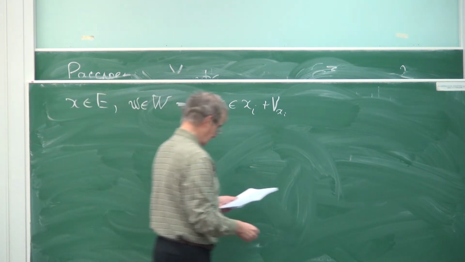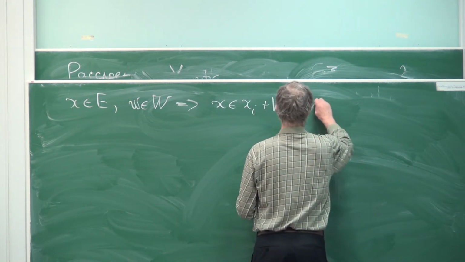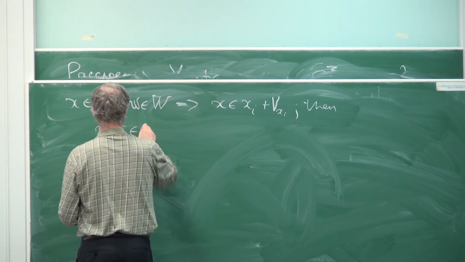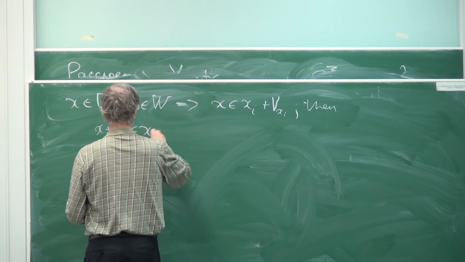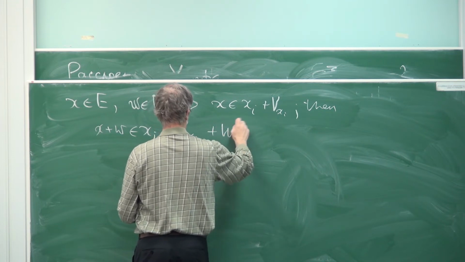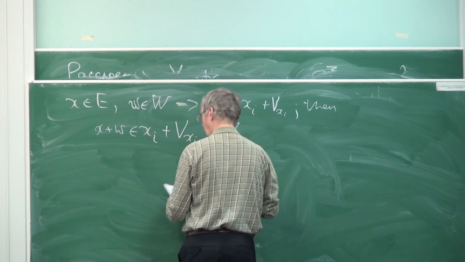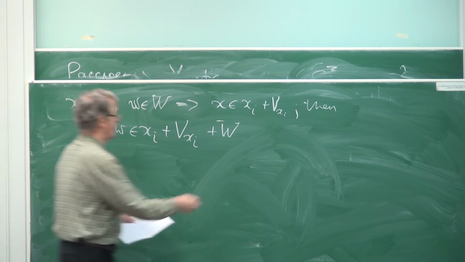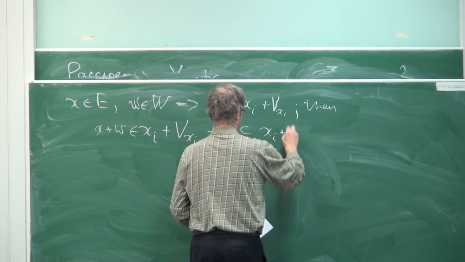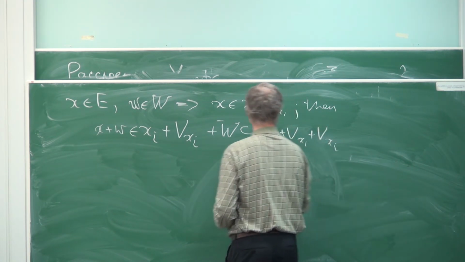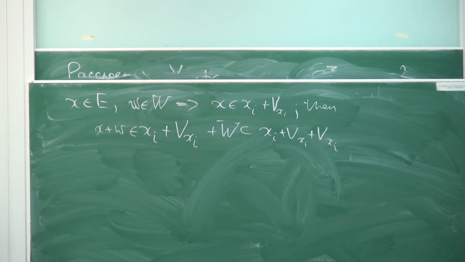Well, then x plus W is included in xi plus Vxi plus W, and W is included in all Vxi's, so this is included in xi plus Vxi plus Vxi, and this is included in E by the choice of our neighborhoods.